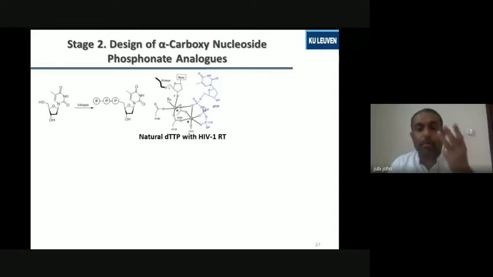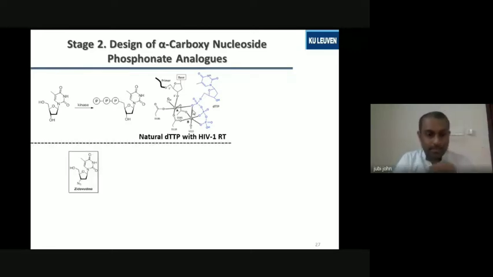So 3 parts should be there in the inhibitor: a triphosphate moiety or a mimic, a nucleobase which can engage in Watson-Crick base pairing, and a linker which attaches both the nucleobase and the triphosphate moiety. For any molecule to interact with the reverse transcriptase enzyme, it has to undergo triphosphorylation, which is done by phosphoryl kinases.